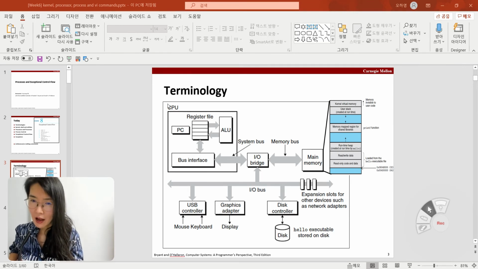So if you visualize and look at some components, most parts may be hardware, right? Such as the CPU, the I/O bridge, main memory, USB controller, including the mouse, keyboard, and the display with the monitor, and disk and so on, right?